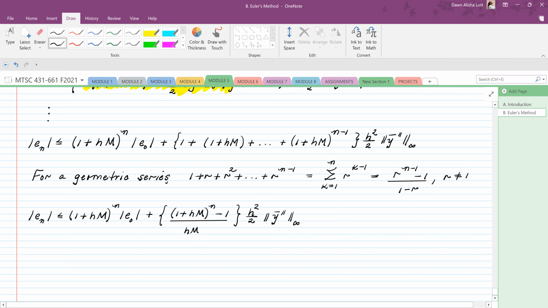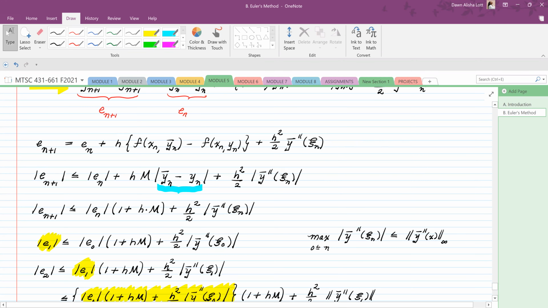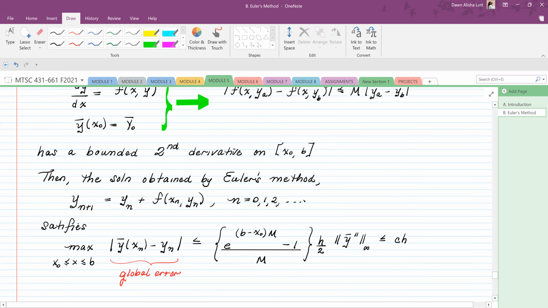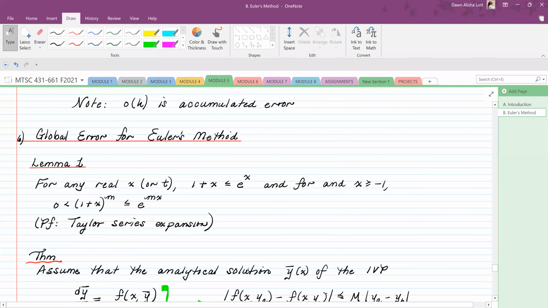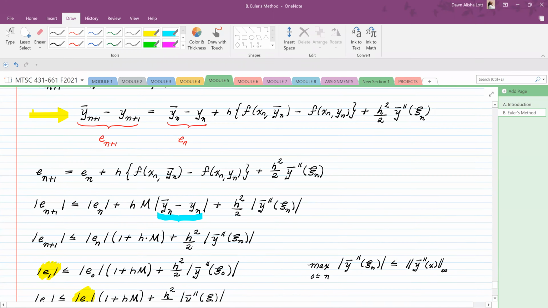Okay, now I gave a lemma last time, so I'm going to scroll back just a little bit. So here was my lemma. My lemma was that (1 plus x) to the m was less than or equal to e to the mx. If you do a Taylor series expansion and only take the first two terms, it has to be less than the entire expansion. So I'm going to use that now.